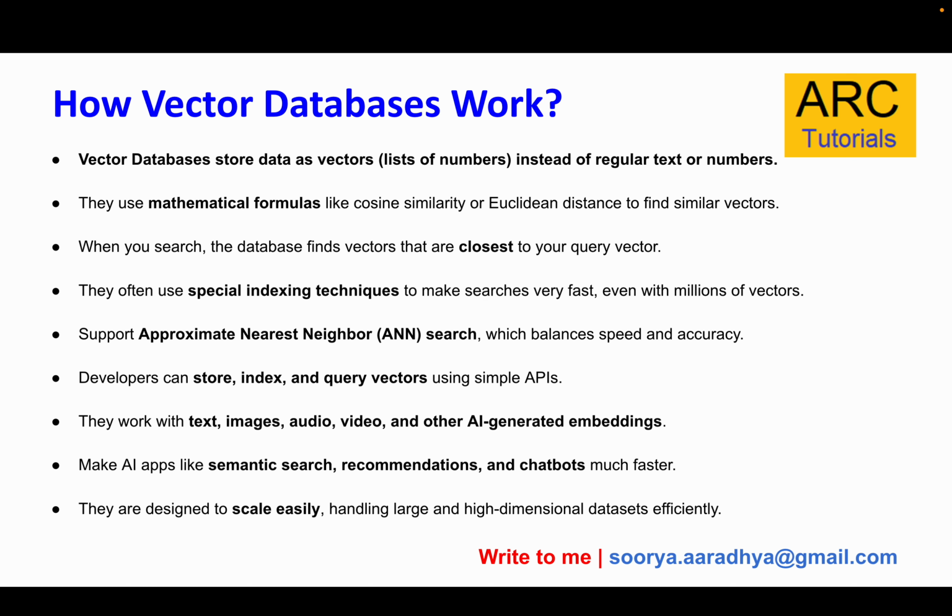It supports approximate nearest neighbor, which is ANN search, which tries to find the vector closest to the search query term. It can store, index, and query vectors. They work with text, images, audio, video, and other AI generated embeddings. It makes AI applications like semantic search, recommendation, chatbots much faster.